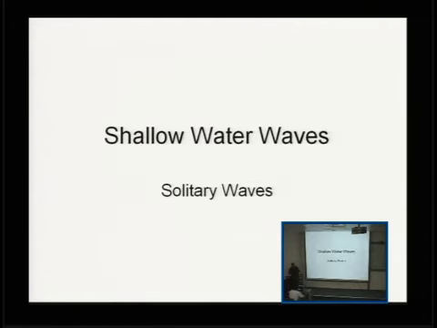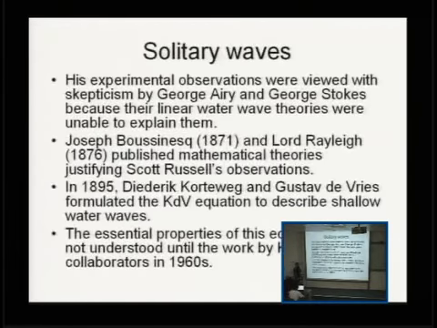Now, before we get into Stokes, let's look at the shallow water. The shallow water wave, as I said, his experiment and observation were totally discounted by George Stokes. He thought that the mathematics didn't support that. Until very late, 1871, Boussinesq and Rayleigh started to say, well, maybe his observation is right if we use a different way to describe it.